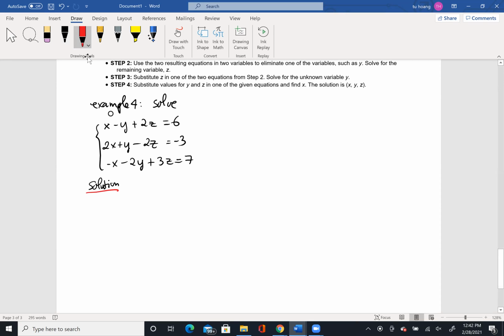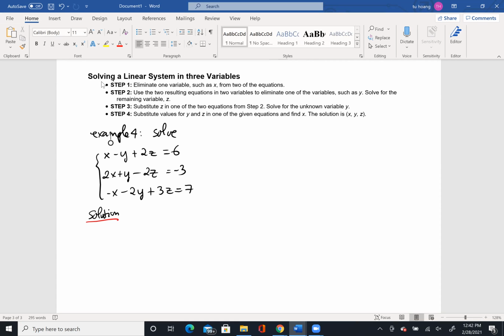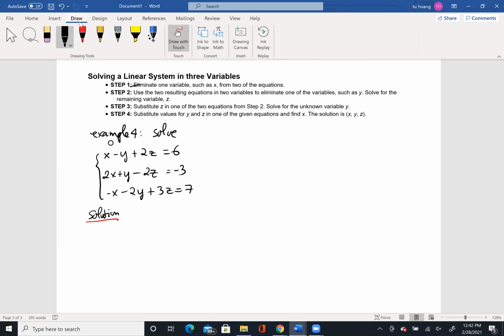So what is step number 1? Let's use step number 1 first. Actually, you know what?